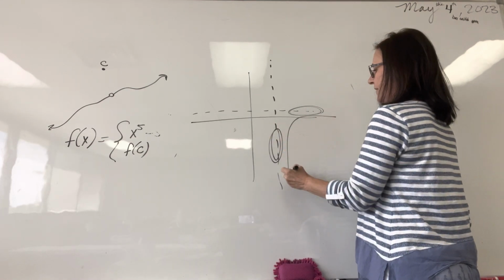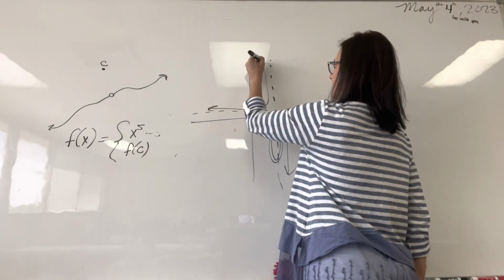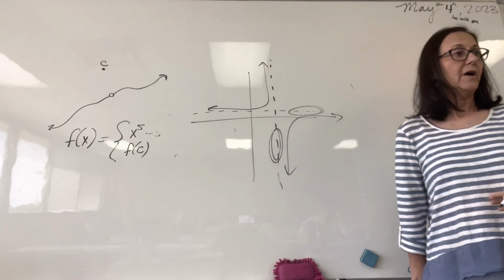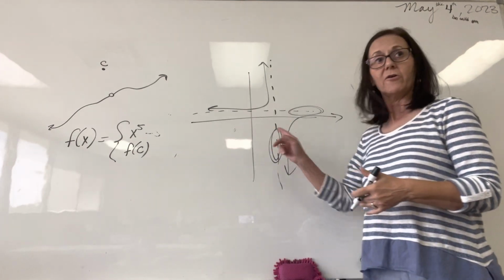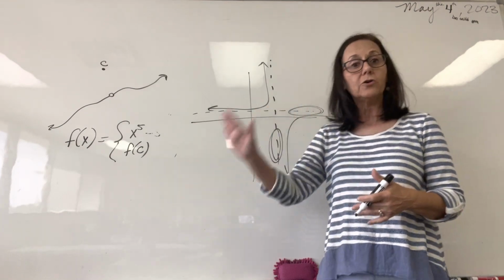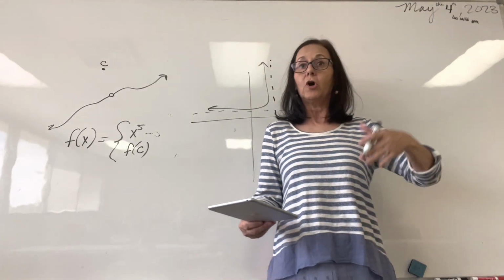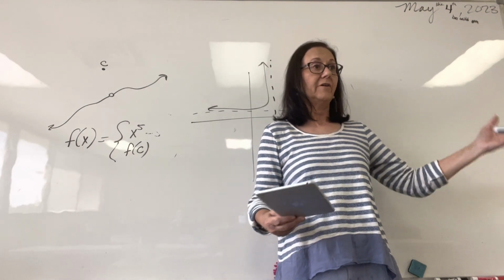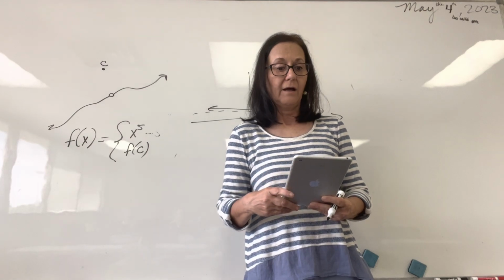Maybe the graph looks like this and like this. Because you know that the graph approaches those asymptotes, but we don't know if it's here or if it's here. But we can use those asymptotes and that discontinuity to look at the behavior of the graph. So that's why we look at continuity.